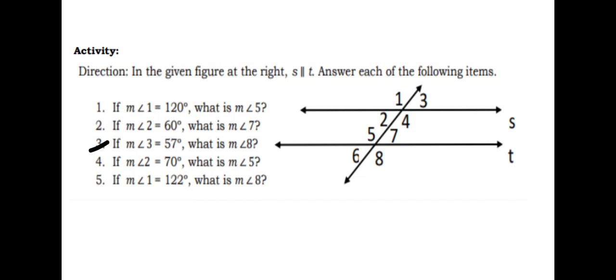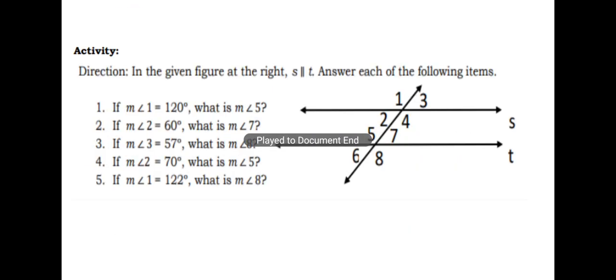Next, we have the angle 3, 57 degrees, and angle 8. So you can see that 3 and 8 are on the same side exterior. Therefore, they are supplementary. So all you need to do is to subtract 180 minus 57, and that will give you the measurement of angle 8.